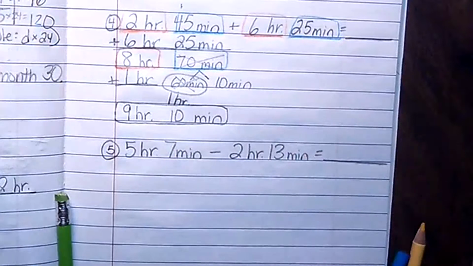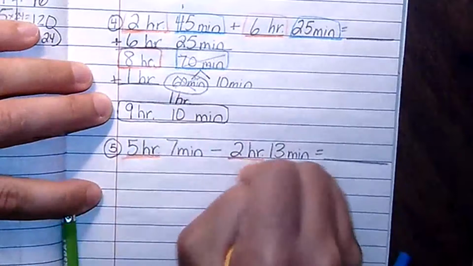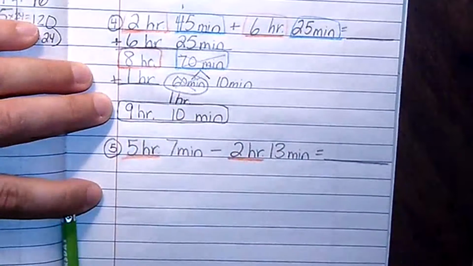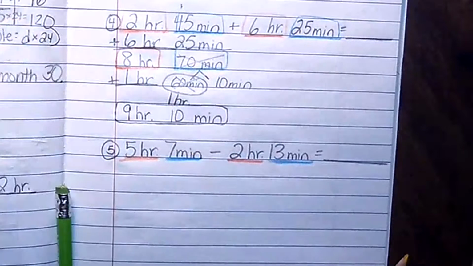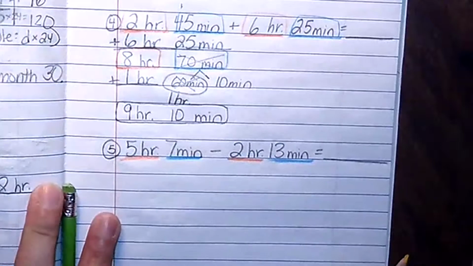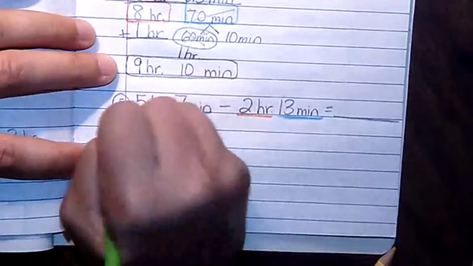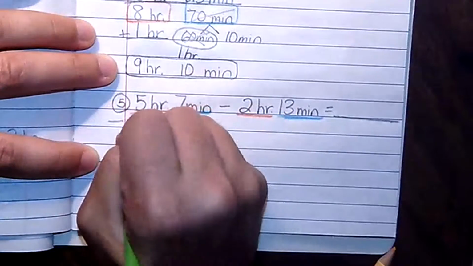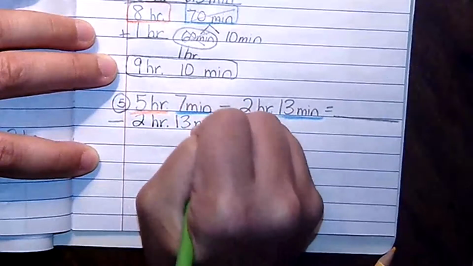So again, the first thing I'm looking at is I see hours and hours, and I see minutes with minutes. You have to be real careful not to mix them together. So let's stack them and subtract them. Minus 2 hours and 13 minutes.